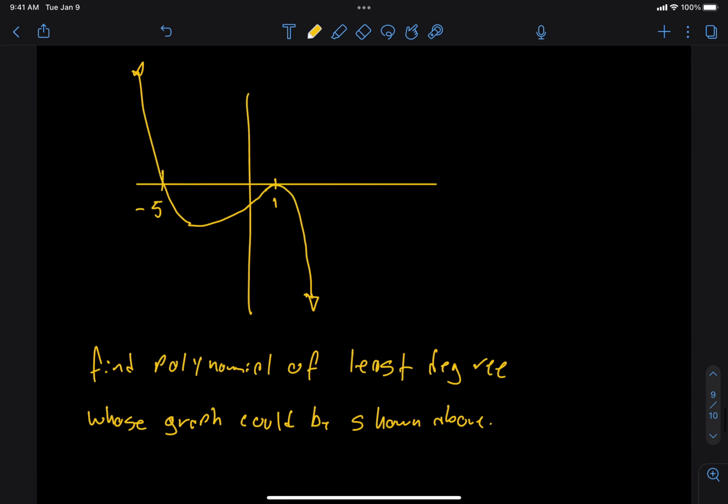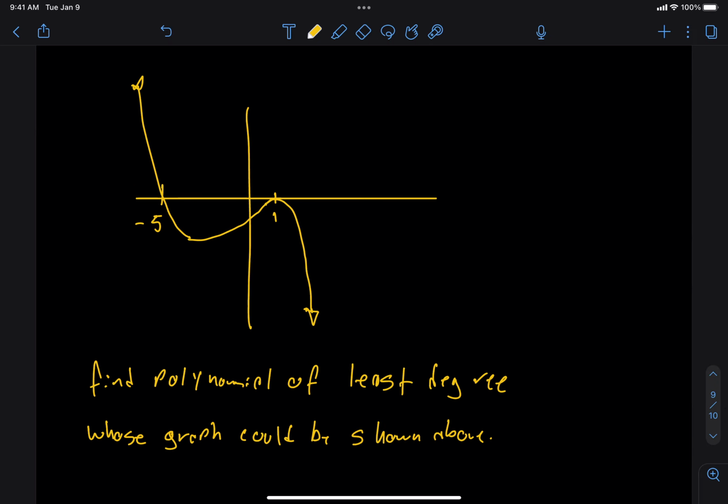Okay, so what are the features of this graph? There are zeros at -5 and 1. Yes, we have x equals -5 is a 0. And what is the multiplicity of that 0? It's probably 1. Well, it could be 3 or 5 or 7 or any odd number, but we're supposed to find the polynomial of least degree.